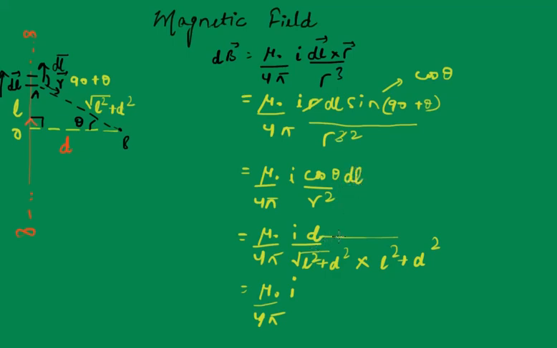So d into dl divided by L square plus d square whole to the power 3 by 2, since it is 1 by 2 into 1, you will have 3 by 2. So this is the dB vector.